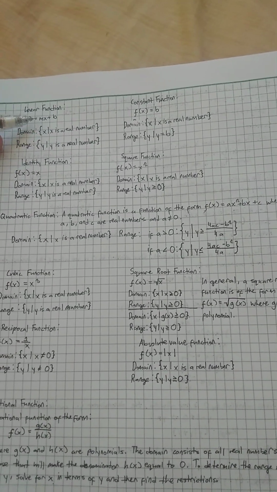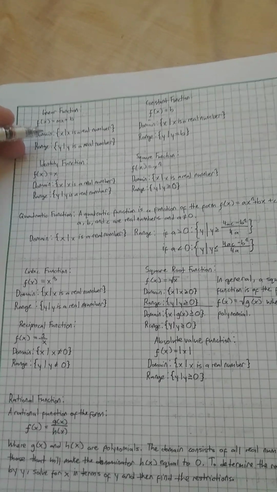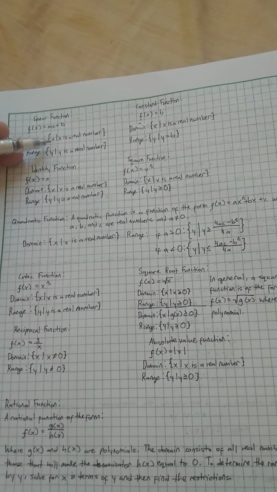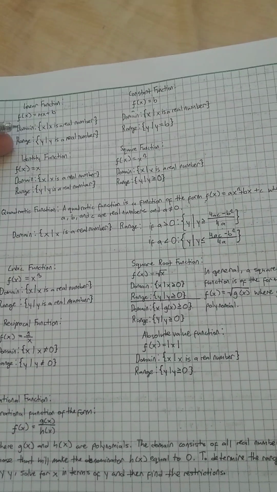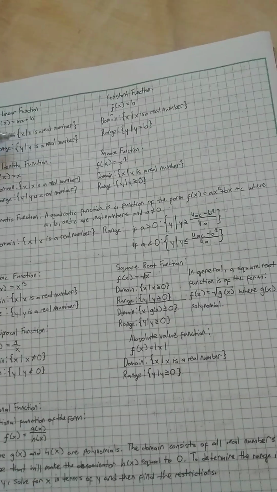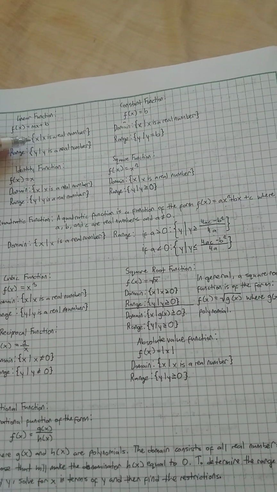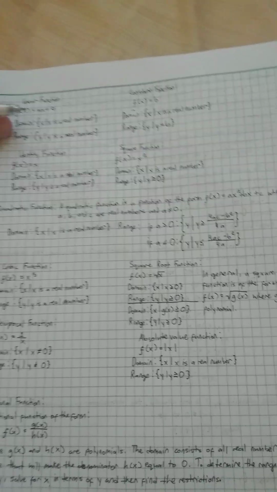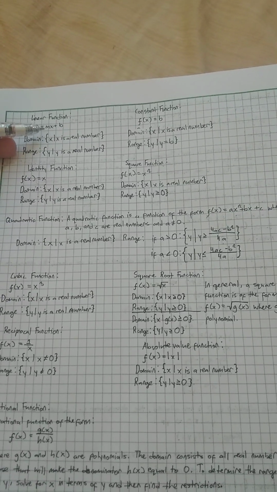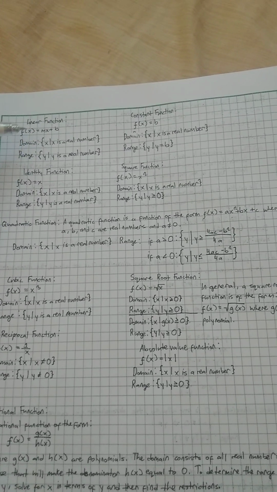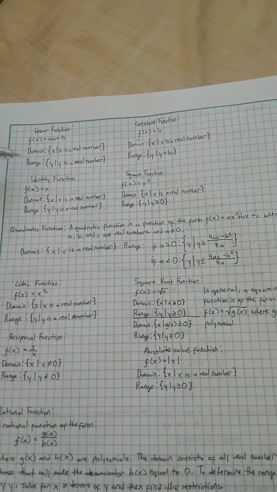The domain of this function is x, where x is a real number. For the range, y is a real number. So basically, for a linear function, each number that you will find is going to be a real number.